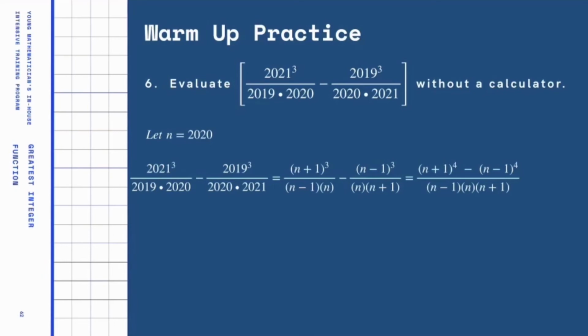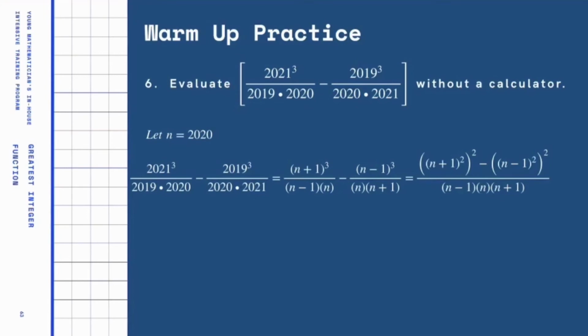Or notice that they are just perfect squares, then we can use difference of two squares. First, we can write n plus 1 to the fourth and n minus 1 to the fourth as n plus 1 squared, squared, and n minus 1 squared, squared.